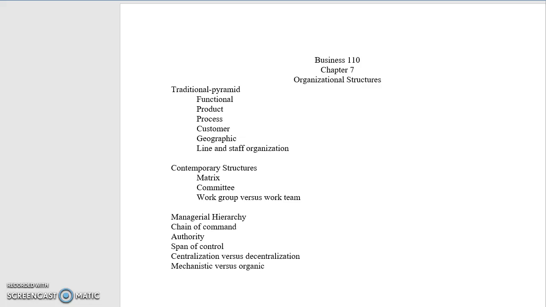And there's different ways to manage depending on the span of control. And then centralization versus decentralization. Is there just a few higher ups that make all of the decisions? Or are the decisions pushed down in the organization to where people closer to the work are making the decisions?